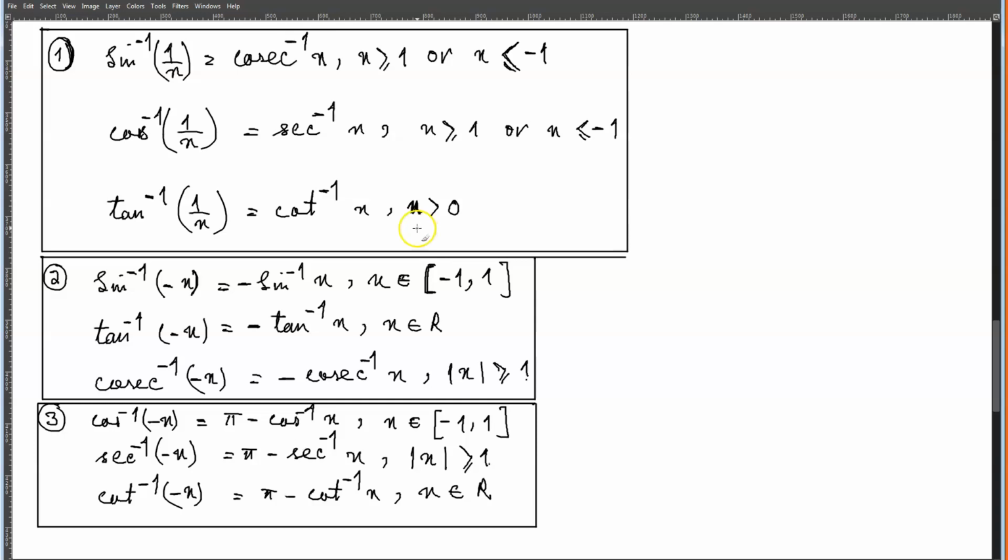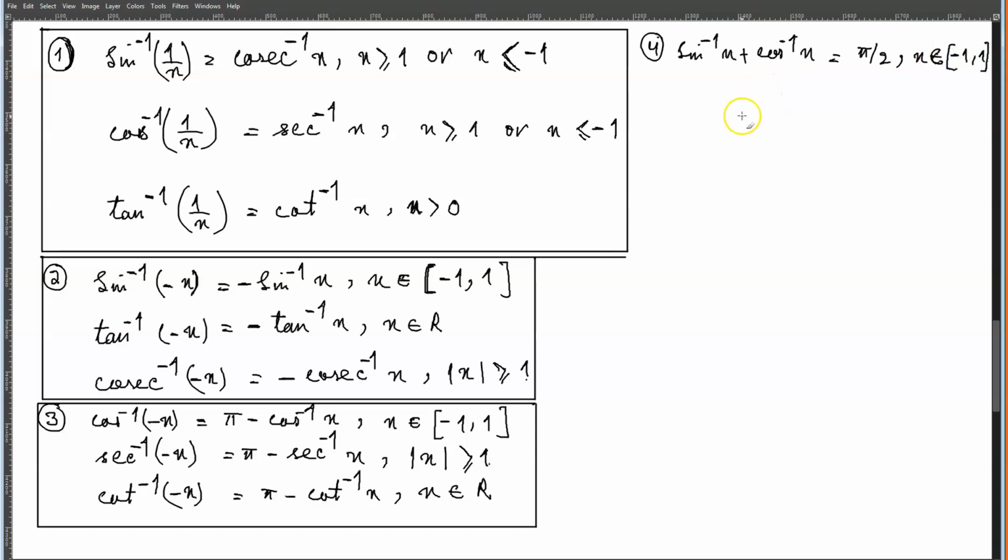Now, number 4. Basically in number 4, we said that the sine inverse of x plus the cos inverse of x is equal to pi by 2 for x belonging to the interval negative 1, 1.